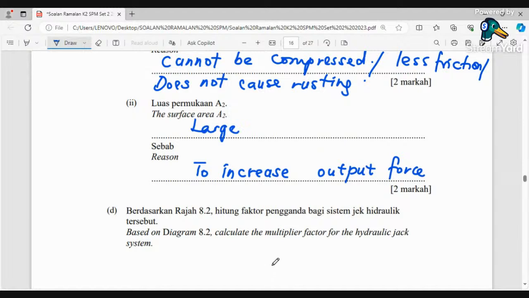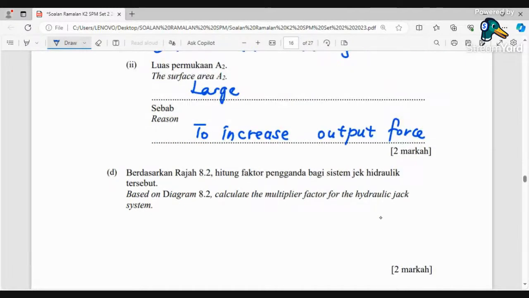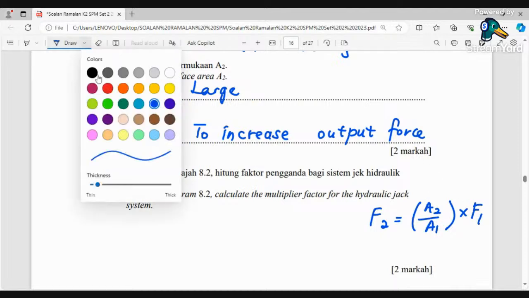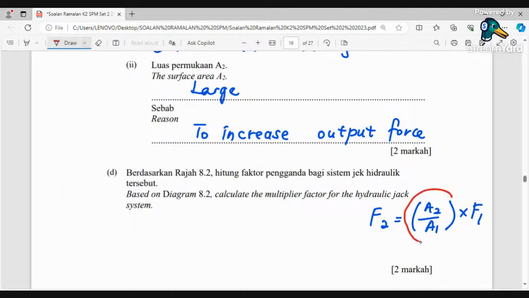Okay, bahagian D, calculate multiplier factor. Apa tu multiplier factor? Tadi saya dah tulis dah. F2 ialah A2 over A1 times F1. So, multiplying factor ialah ini. Okay, ini panggil multiplying factor. Berapa kali lebih besar berbanding F1. Jadi A2 over A1 berapa?